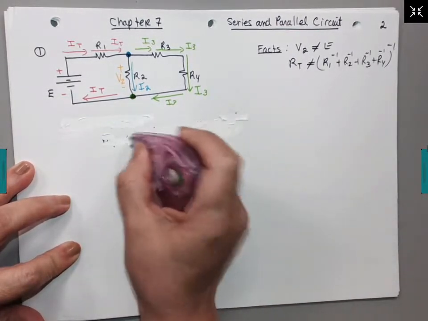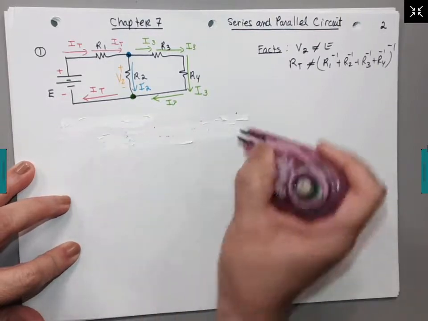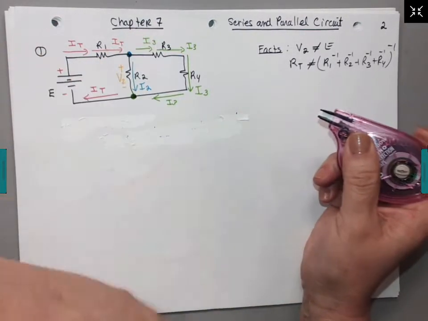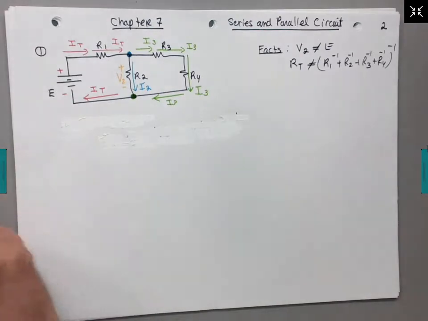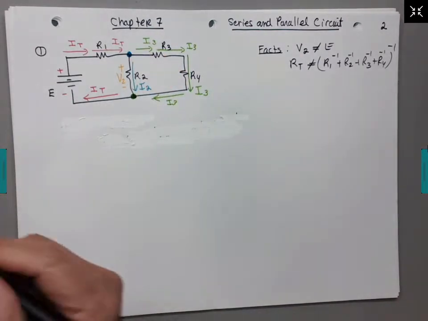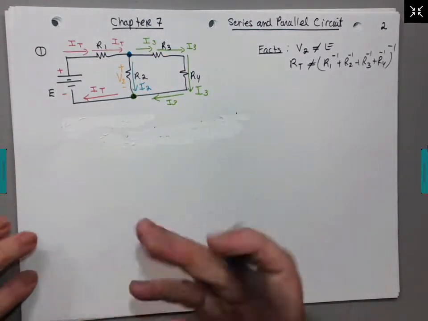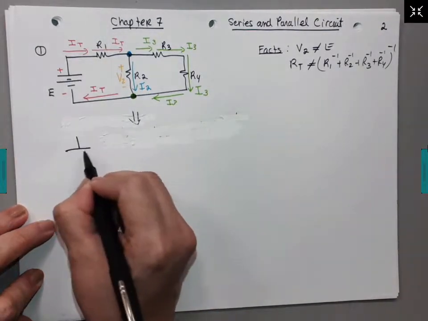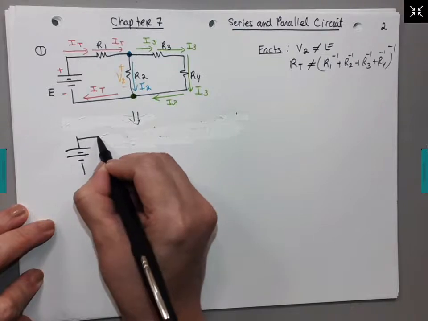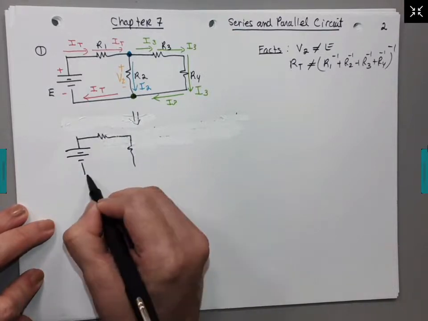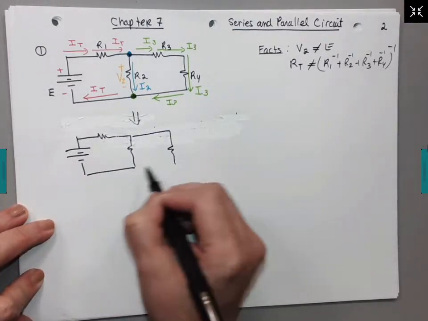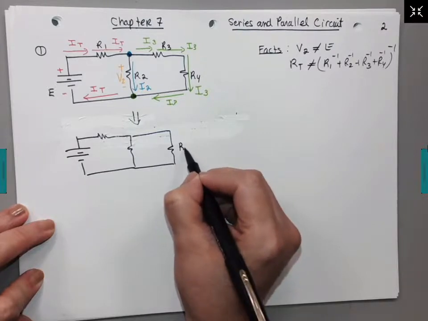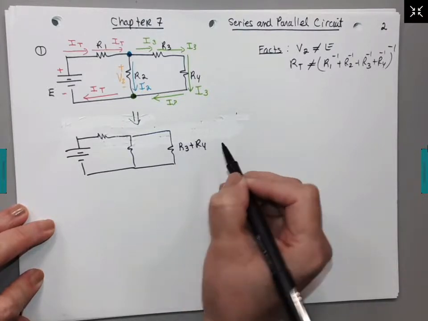Okay, sorry about that. Alrighty, so here we are. The first thing we're going to do is combine R3 and R4 so that I know that these two guys have the same current. So I make it as easy as I can. I'm going to put everything the same, and I'm going to combine R3 plus R4, whatever that is.